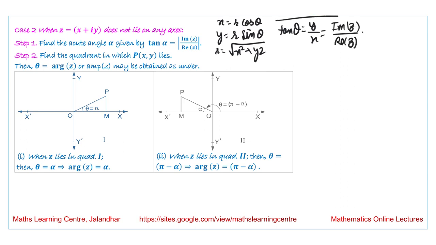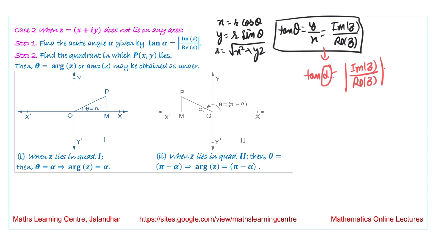Now we have to calculate this value. So the first step is to calculate tan alpha is equal to, taking the mod, imaginary part of z over real part of z, and we calculate the corresponding value of alpha. This alpha will basically be an acute angle.